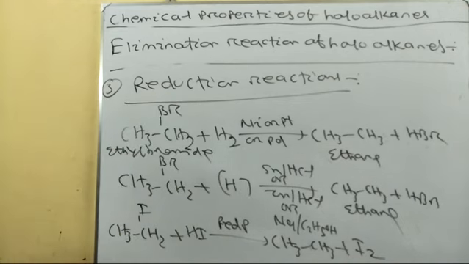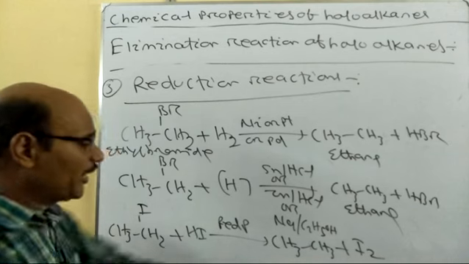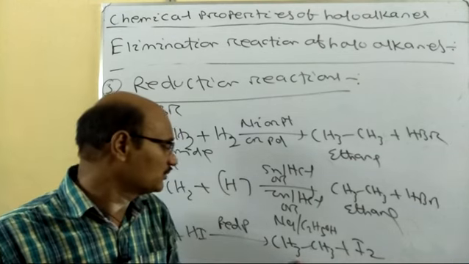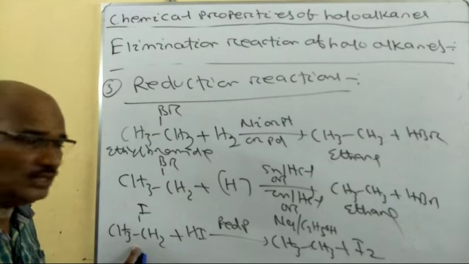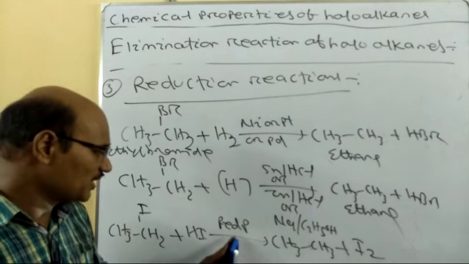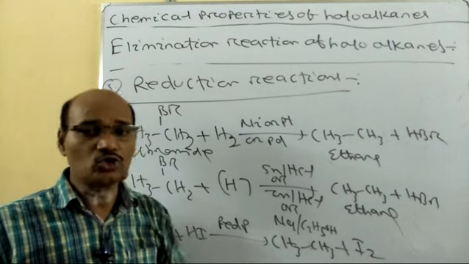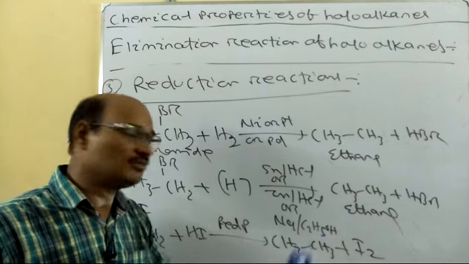You will see we are taking red P because the I2 formed can again react with the alkane to give the haloalkane. That's why we are taking red P. This red P will react with the I2 to give PI3, which cannot react again with the alkane.